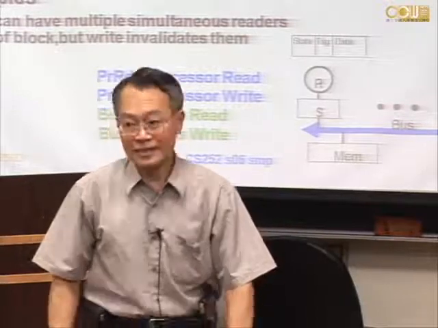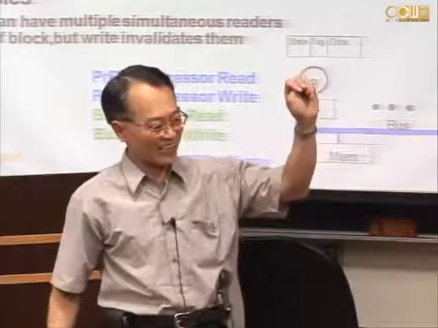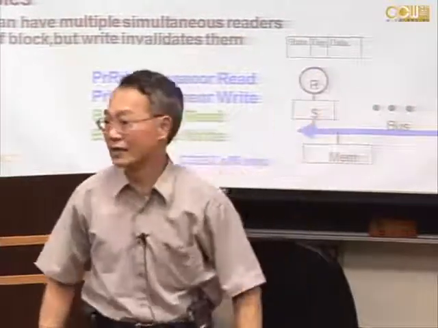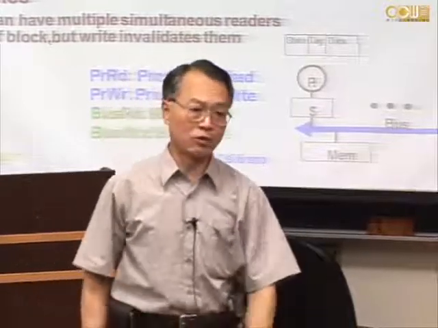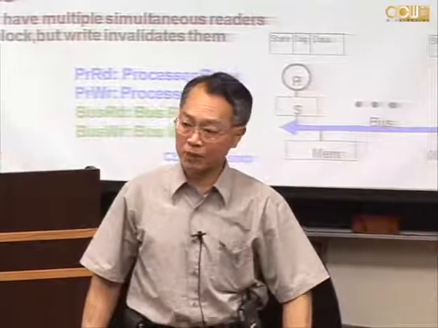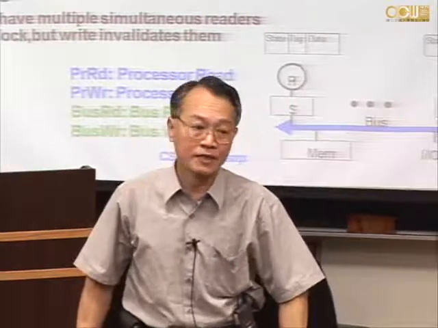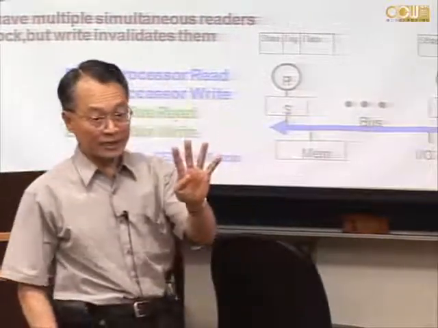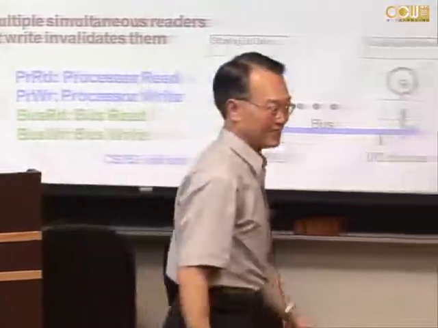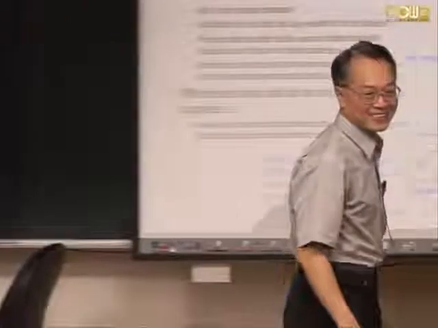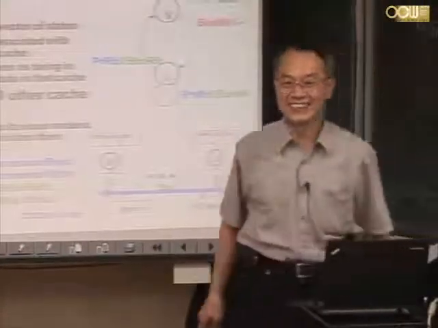The answer is at least 2 states, valid and invalid, but as many as you want, I don't care, as long as you can show that your protocol, your design is better than the others. I've seen 4-state designs. I've seen 5-state designs.